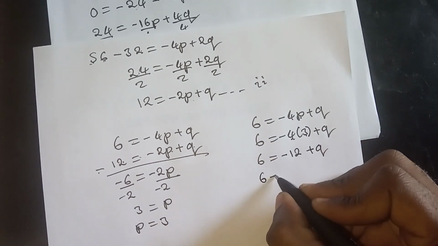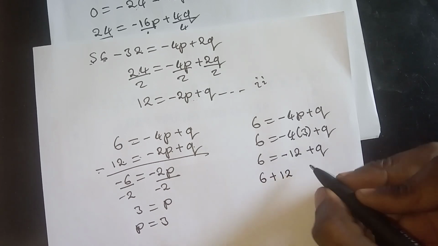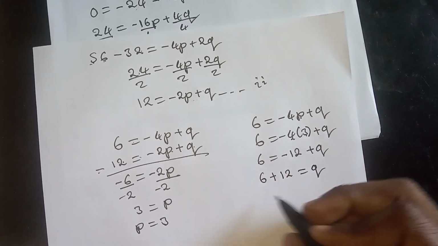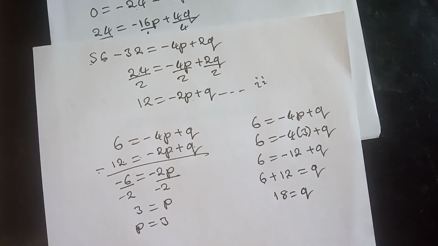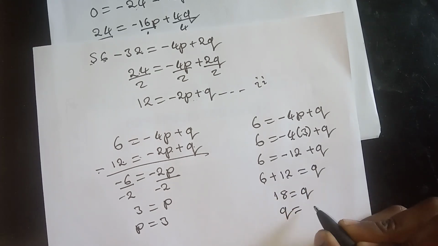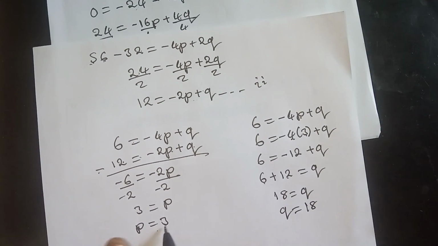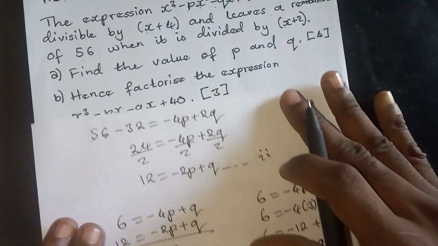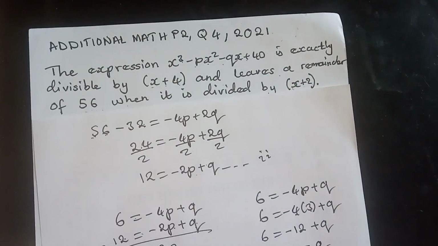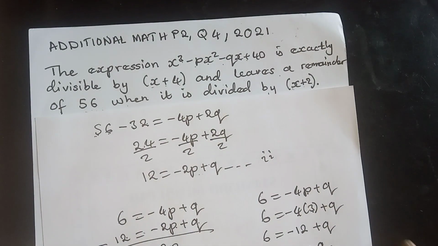When you take this on this side, it's 6 plus 12 is equal to q. This plus this is 18, which is our q. So our p is equal to 3, and then our q is equal to 18. So going back to the expression, let me just fold this paper.